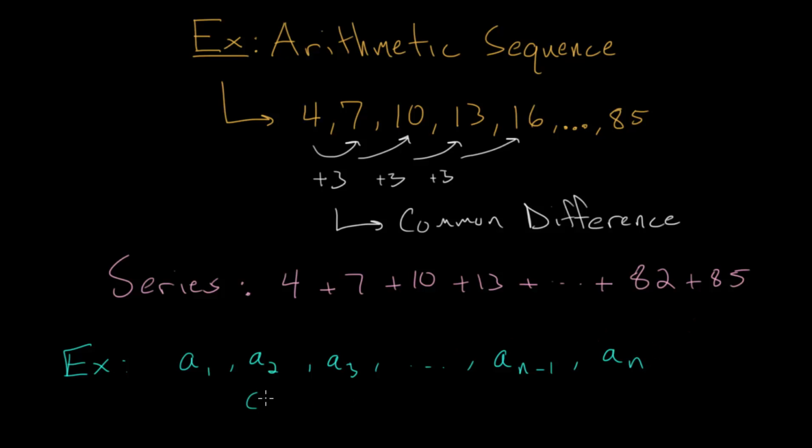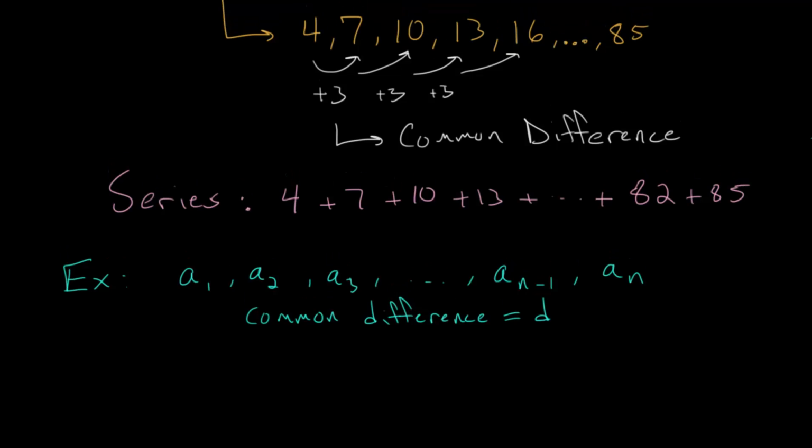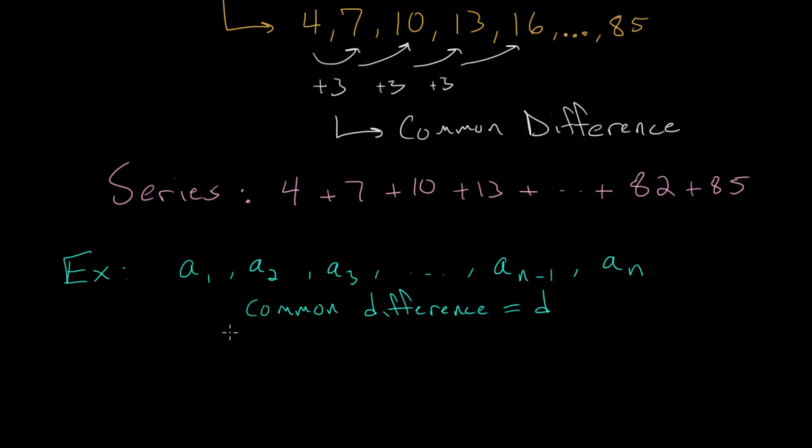We don't really need it for the formula, but we can say the common difference between these terms, so the number we add or subtract to go from one term to the next, we can just call that D. And the formula for this, if we actually wanted to add up all these terms, so now we're looking at the series where we have A1 plus A2 plus A3 all the way up to adding A sub n.